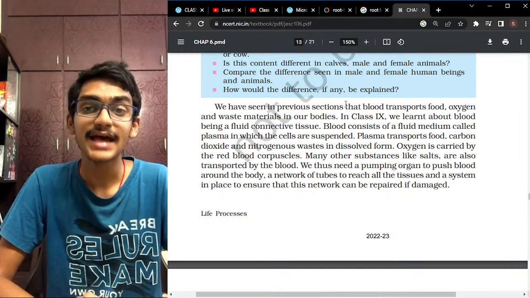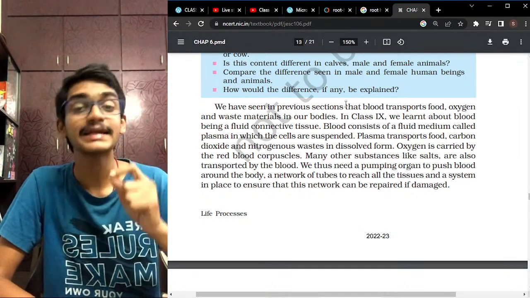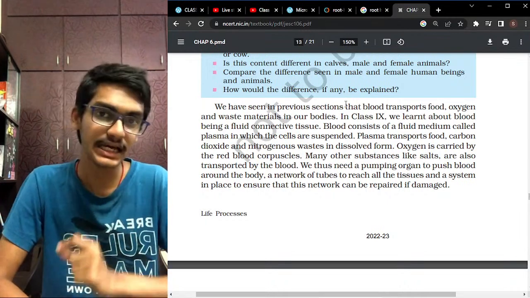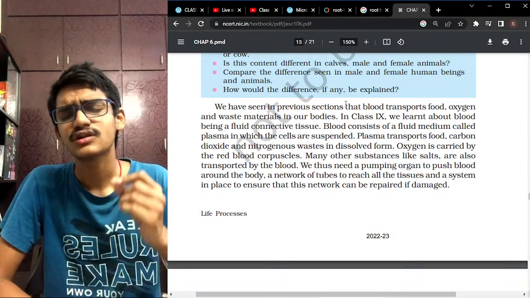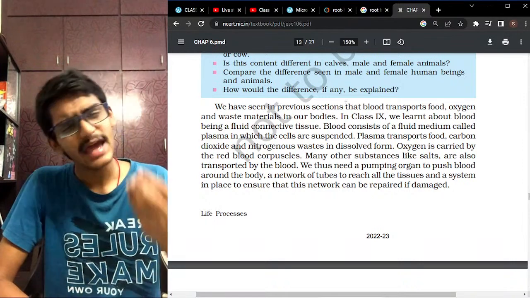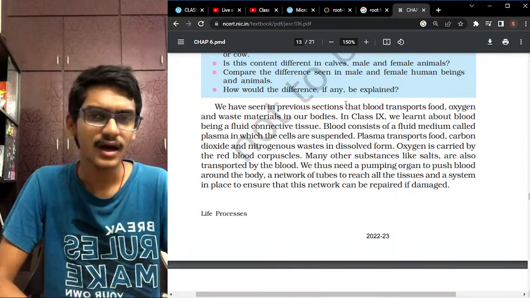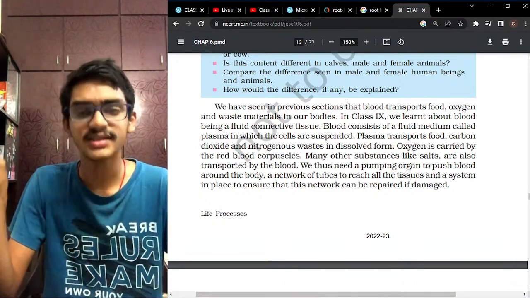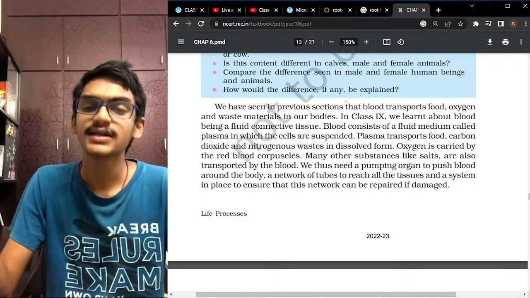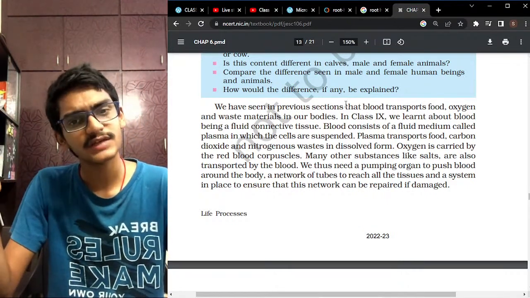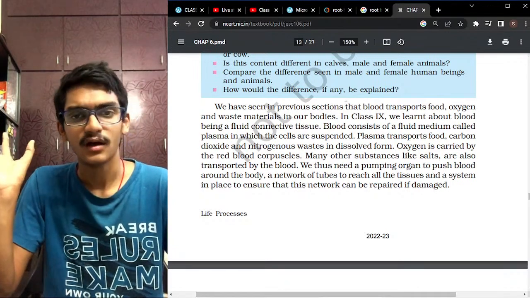RBCs are special cells which contain hemoglobin, because of which they are red in color. They help in the transportation of many particles. All the functions of blood come under RBCs. They help in transportation of oxygen, carbon dioxide, food particles and nitrogenous waste.